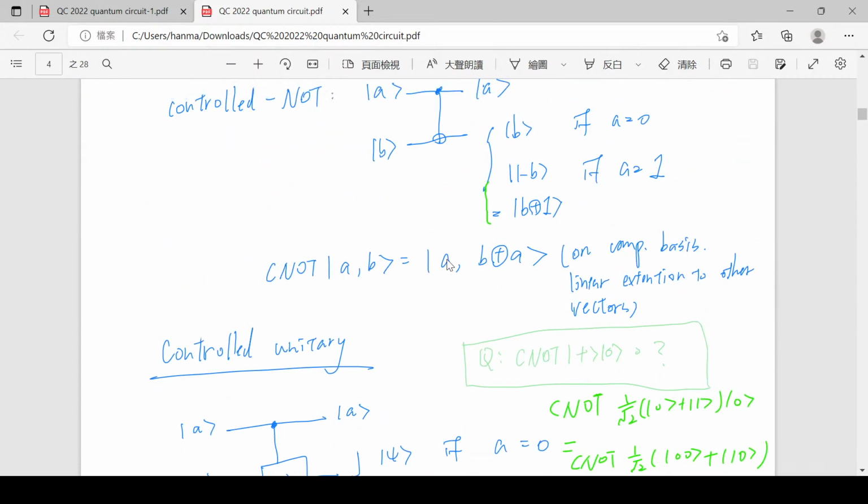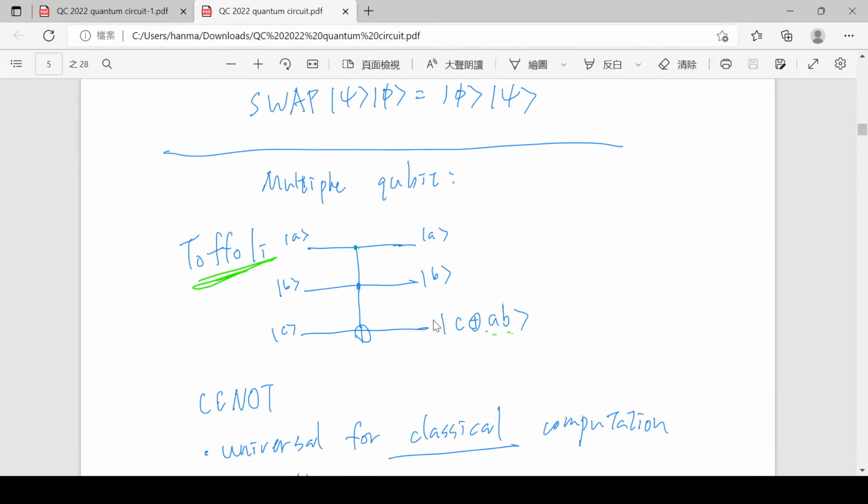Then there are gates that affect more than 2 qubits, and basically the only one famous enough for us to talk about is this Toffoli gate, which is also classical. It is a controlled-controlled NOT. We apply a NOT gate on the target qubit only when both control qubits are 1.